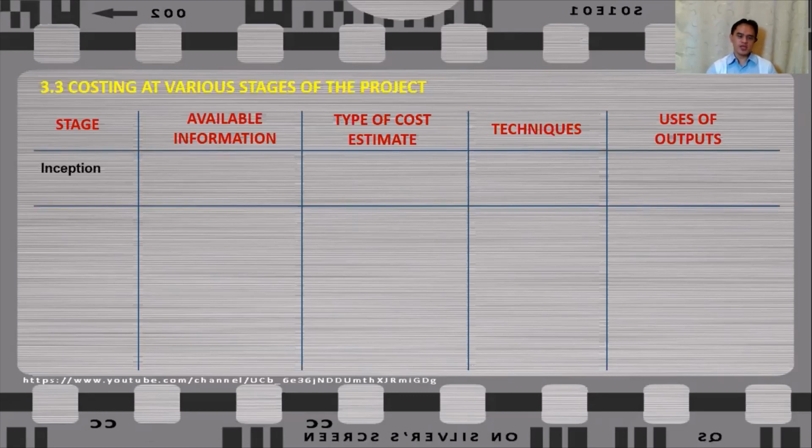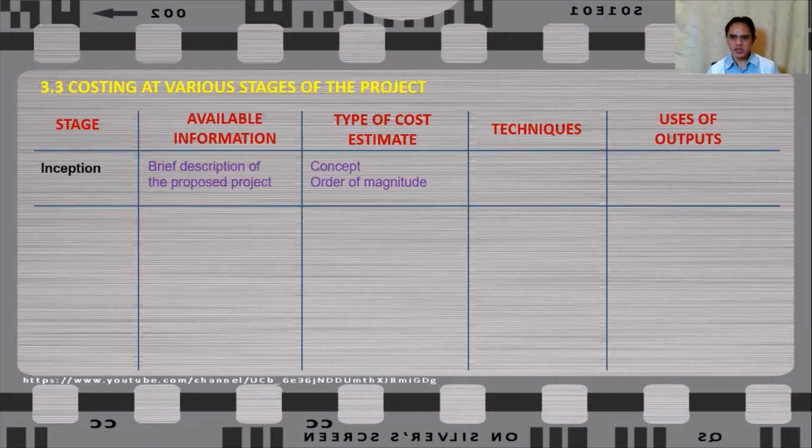First stage would be the inception. During this stage, your information can only be a brief description of the proposed project. You may have some sketches or nothing at all, or just an idea from the client about the project. And even though you have minimal information about the project, you can already prepare an estimate. That estimate is called a concept estimate or order of magnitude.